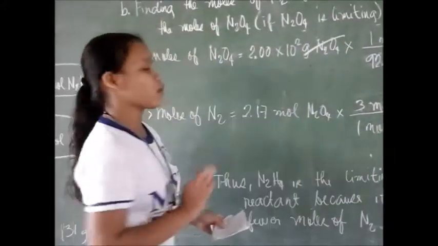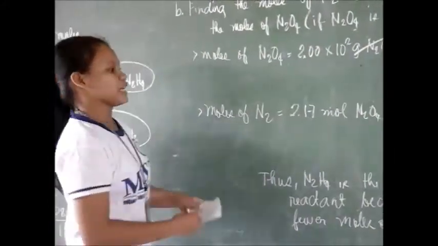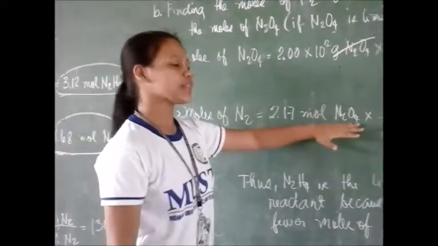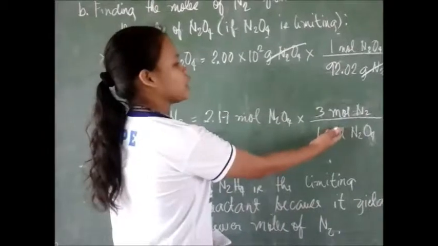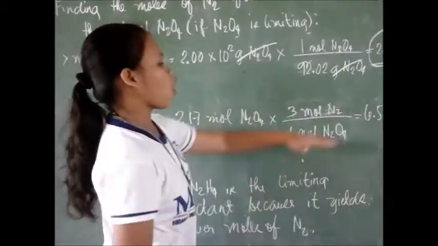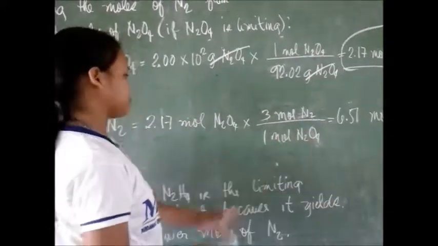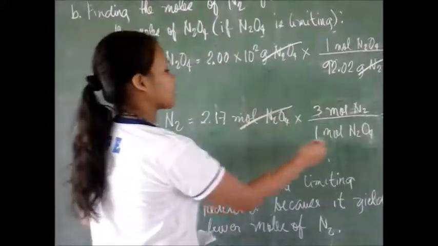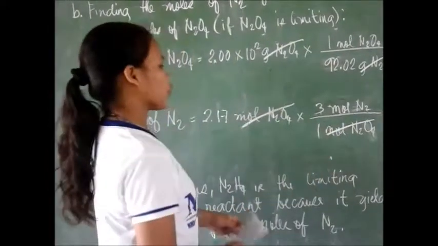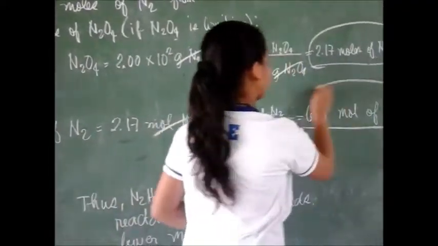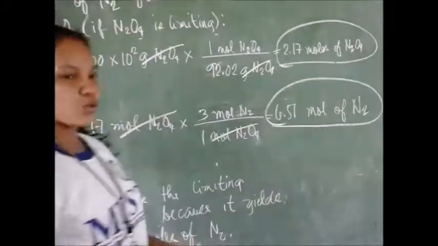And to find the moles of N2, we need to multiply 2.17 moles of dinitrogen tetraoxide by 3 moles of N2 over 1 mole of dinitrogen tetraoxide. Mole of dinitrogen tetraoxide will be cancelled and the answer will be 6.51 mole of N2.